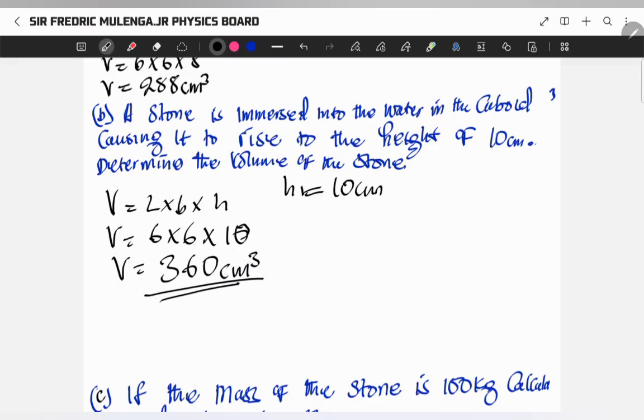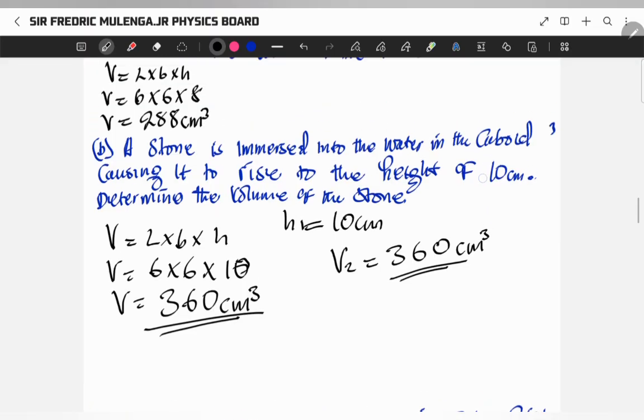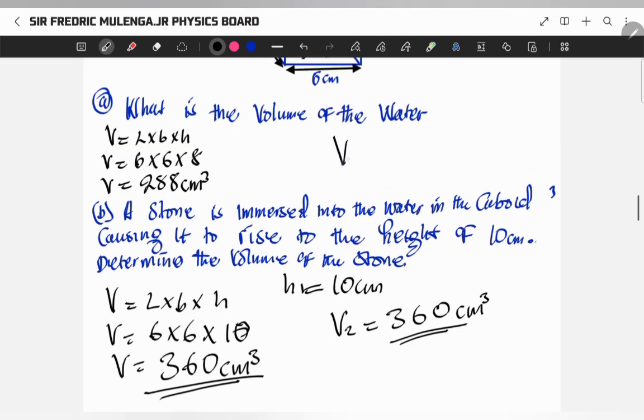Okay, now wait, this was the rise in the volume. So now what will be the volume of the stone? So this volume which you solved here will be marked as volume 2. Remember the concept under the measuring cylinder, when you immerse your stone there, the water rises. In this case, this volume which we've calculated will be our volume 2, and the volume of water which we solved at first, 288 centimeter cubic, will be our volume 1.